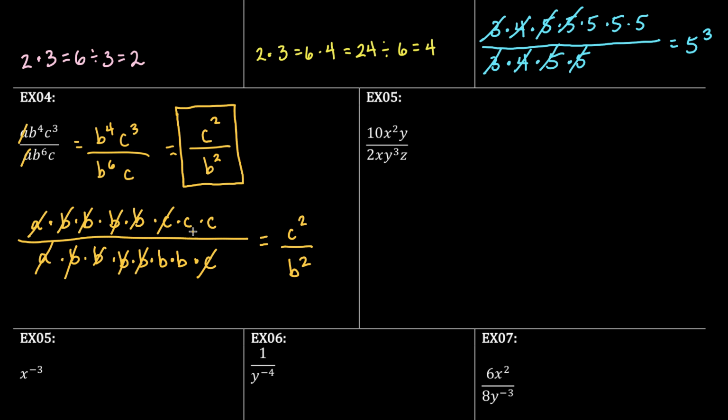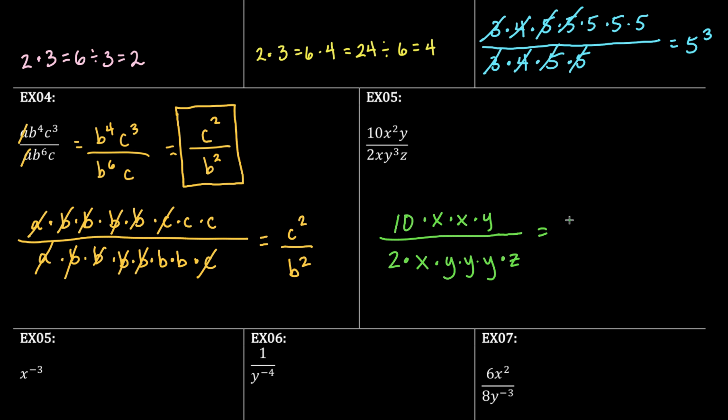So instead of showing all this, I'm just going to jump to the answer, right? Let's do green. So now this is weird, right? I have like 10 and 2. I guess I'll just write it out the long way. 10 times x times y over 2 times x times y times y times z.